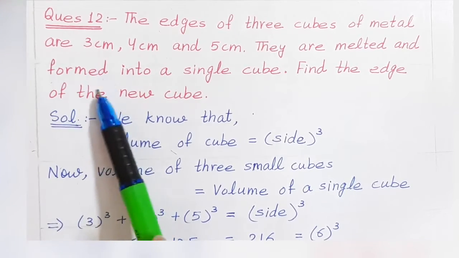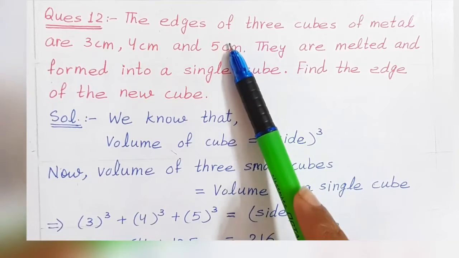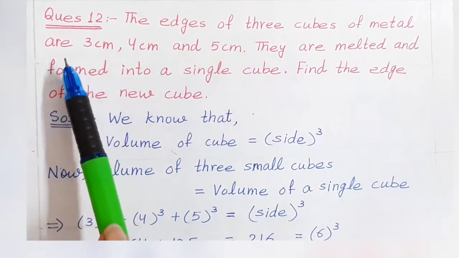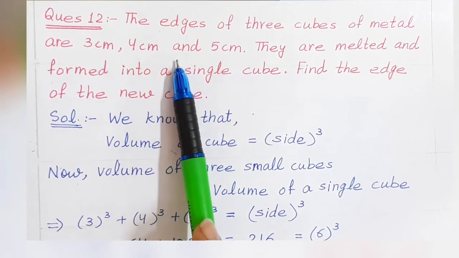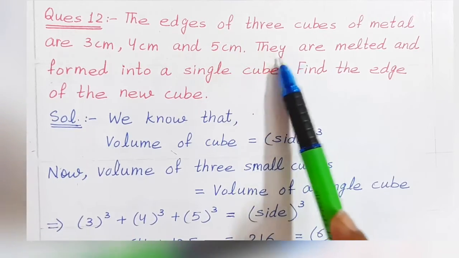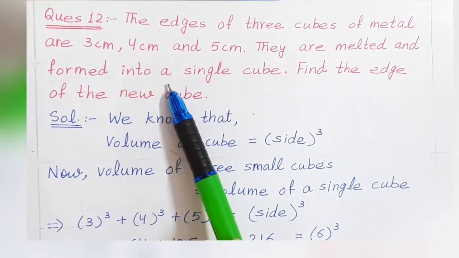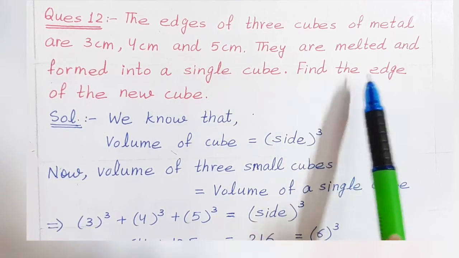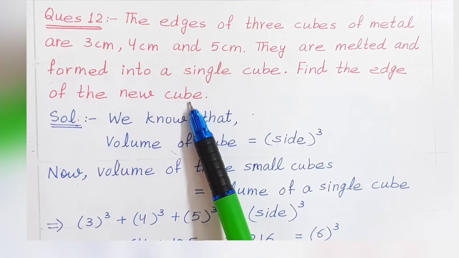Now the next question is, the edges of 3 cubes of metal are 3 centimeter, 4 centimeter and 5 centimeter. They are melted and formed into a single cube. Find the edge of the new cube.